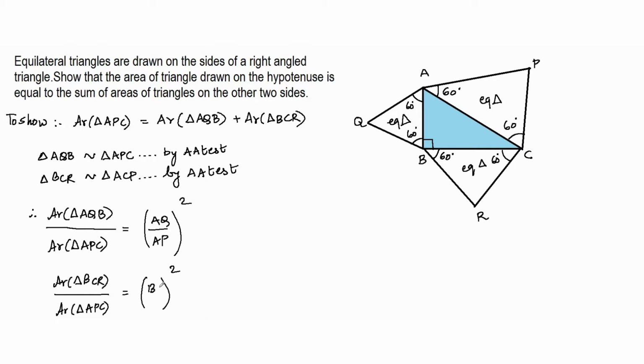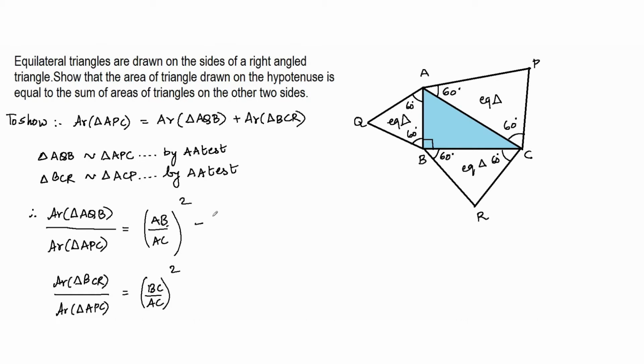So this is going to be BC upon AC. And over here in the first relation also, you can think of taking the ratio as AB divided by AC, right? Because the sides are all equal to each other. So whether you take AQ or AB, and whether you take AP or AC, it really doesn't matter.